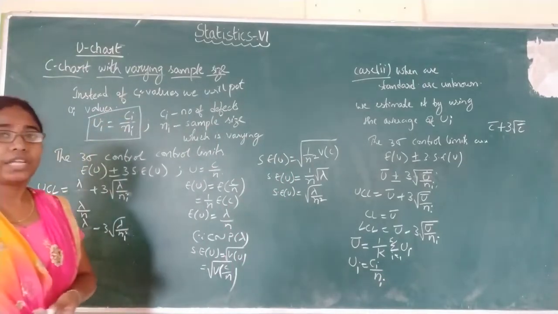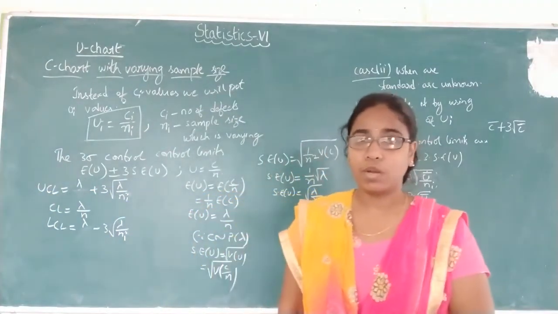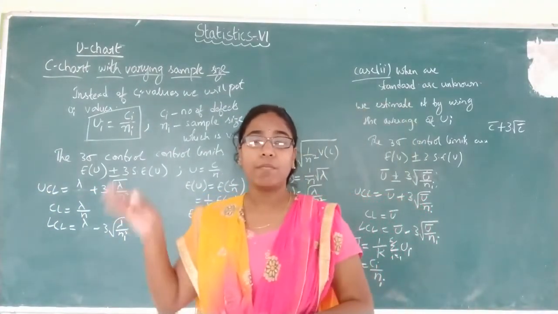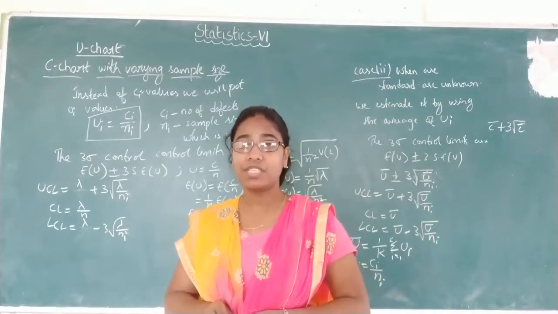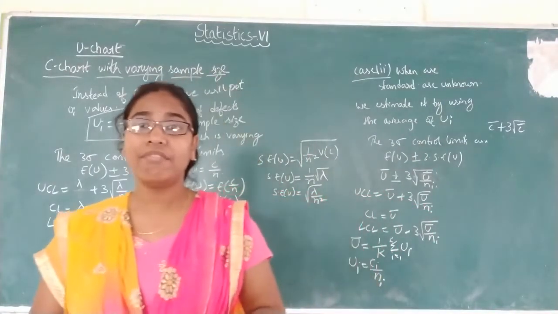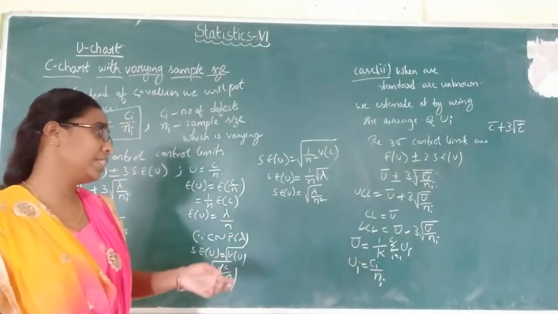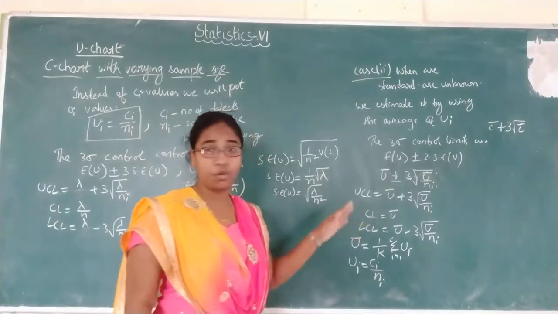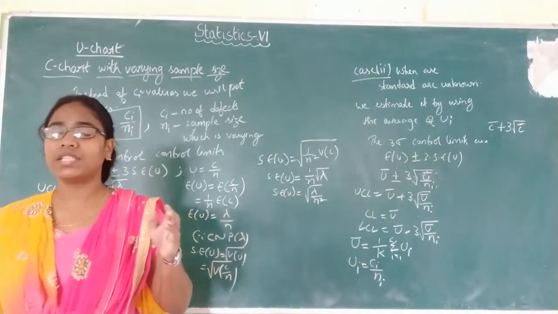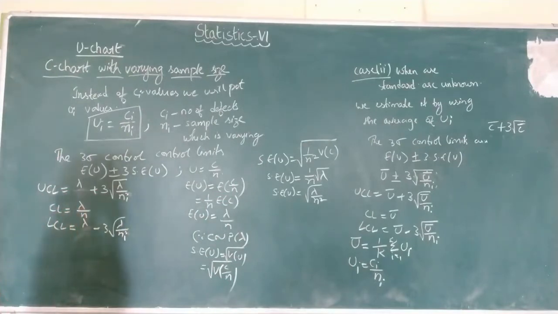Similarly here also you will be taking the sample number on the x-axis and the number of defects for different samples on the y-axis, and plot the different UCLs and different LCLs. CL will be the same because u bar is a constant value, summation ui by k.